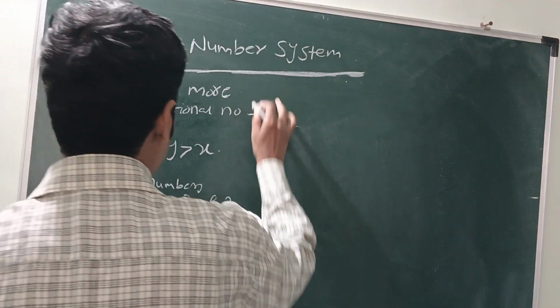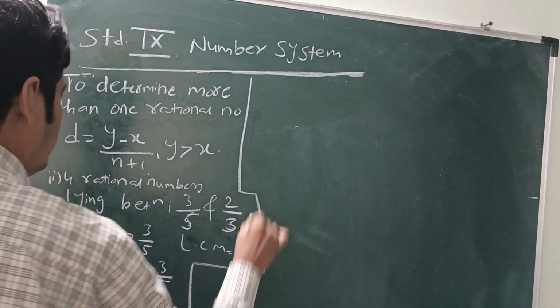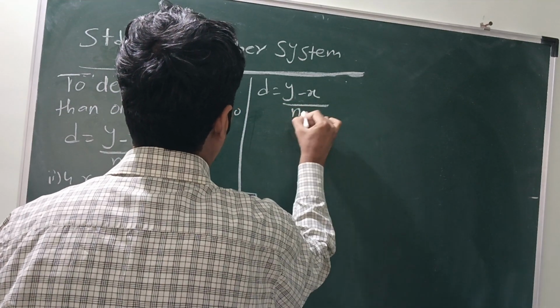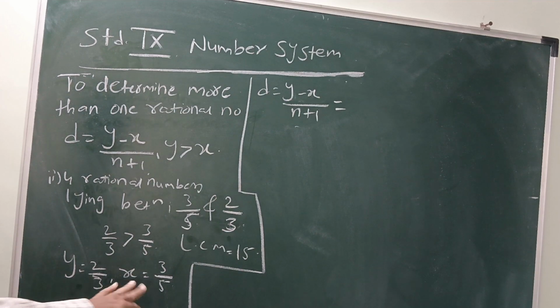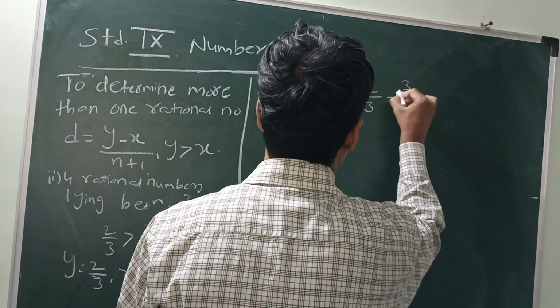D, we have to calculate the value for D. D is equal to (y minus x) upon (n plus 1), which is equal to 2 upon 3 minus 3 upon 5.